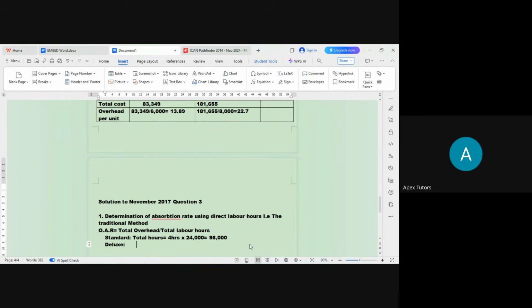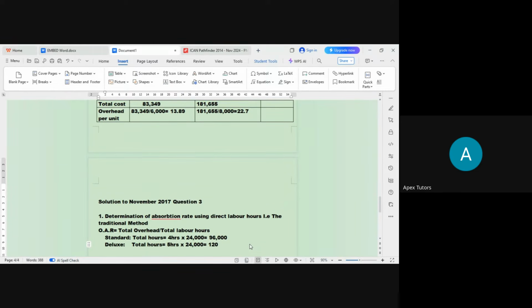the total hours will be what? 216,000. Total hours, we have it as these will be 120,000. 5 hours multiplied by what? 24,000.